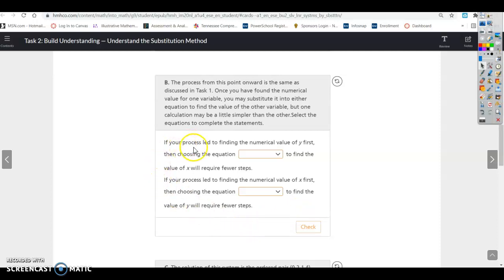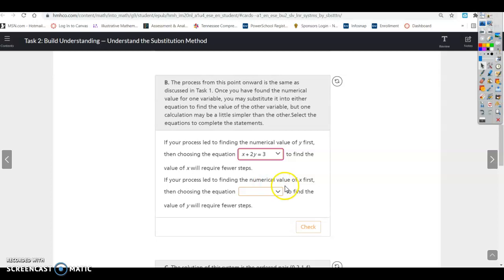If your process led to finding the numerical value of y first, then choosing the equation x plus 2y equals 3 to find the value of x will require fewer steps. All right, so this one requires fewer steps because x has a coefficient of 1.